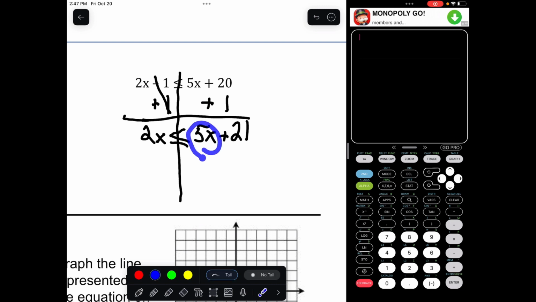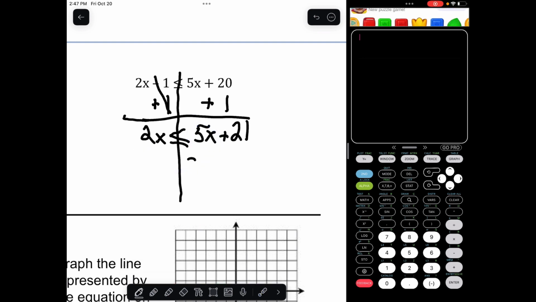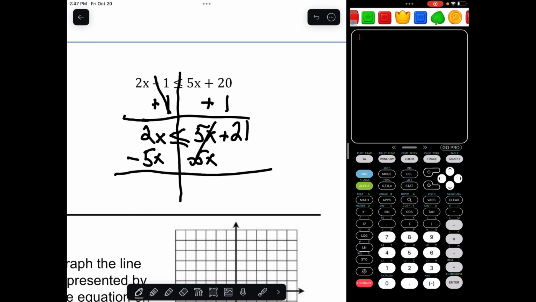So that means I want to take this 5x and get it over here. It's a positive 5x, so I'm going to subtract 5x. What I do on one side, I have to do on the other. That eliminates the 5x from the right, which I want. And I have to do it to the other side.